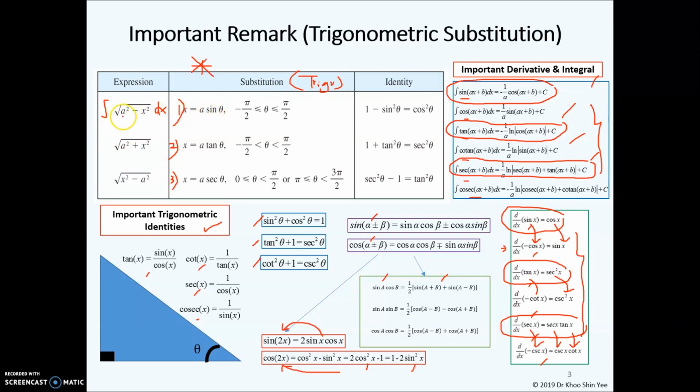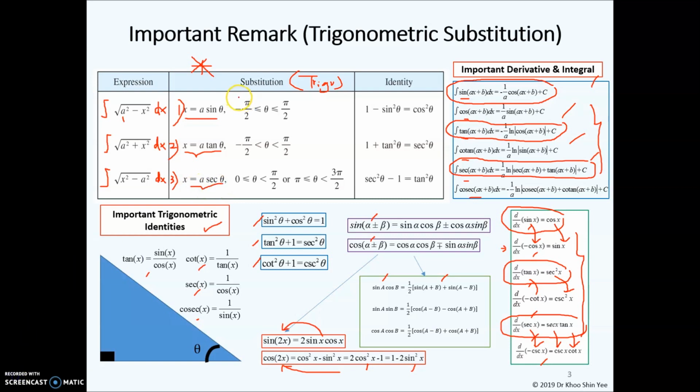So when you have a constant squared minus x squared, you should use this substitution. On the other hand, if you have the integration of a constant squared plus x squared, then you use x equal to a tangent angle. Lastly, if you have x squared minus a constant squared, then you use the case for secant.